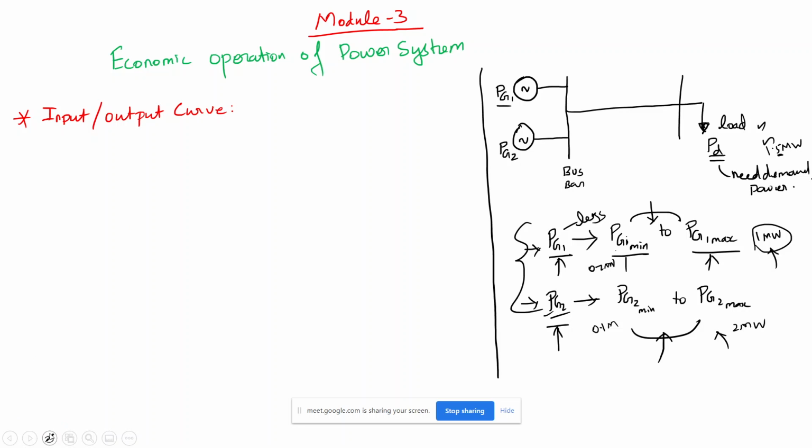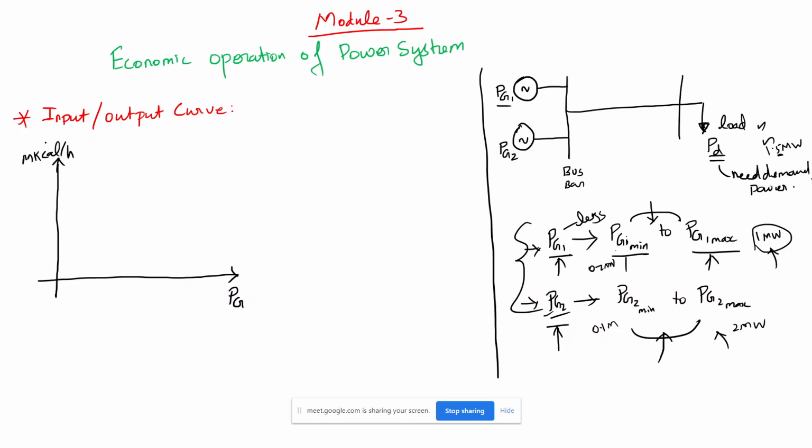This input output curve is between the x-axis, which is nothing but the power generated, and the y-axis, which is in mega kilocalories per hour.